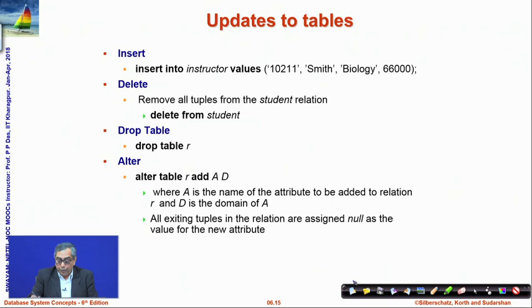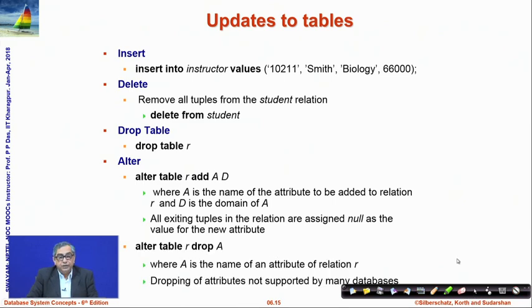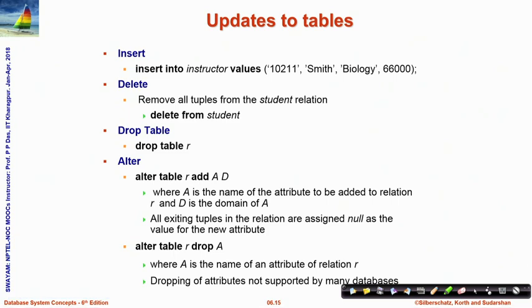Similarly, it is possible to drop an attribute that already exists, and the syntax for that is alter table, the relation name, drop is the keyword, and the name of the attribute. Mind you, not all database systems allow you to alter table to remove attributes, so it works in some and does not work in the rest.